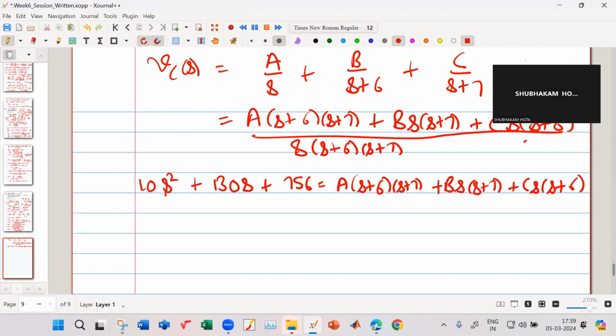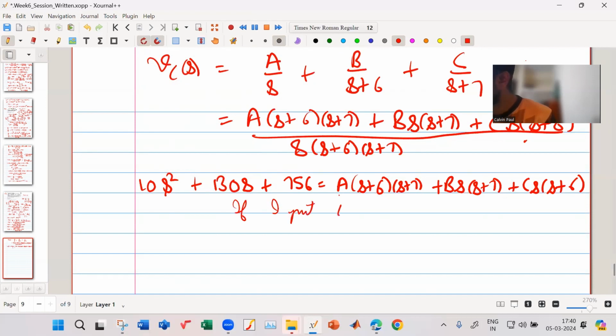So I want to find A, B, and C. First I will find A. If I want to find A, all others should be eliminated. So if I put S equal to 0, B into 0 becomes 0, C into 0 becomes 0, they vanish, and 10 into 0 square is 0, 130 into 0 is 0.